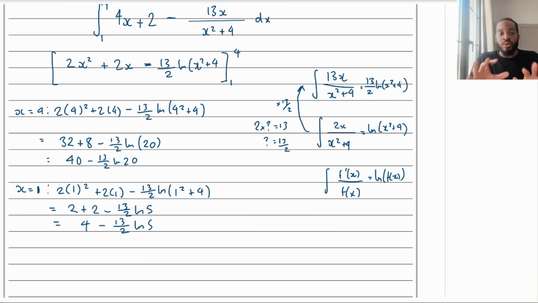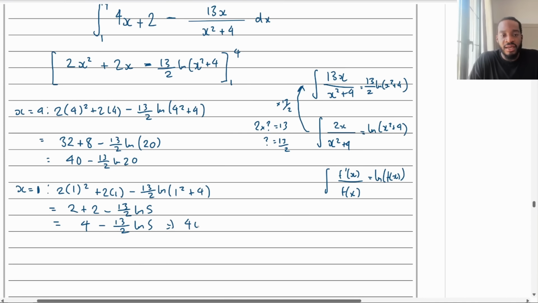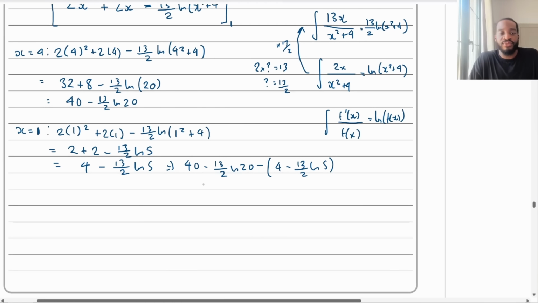Okay? So now we've got the upper limit, we've got the lower limit. We just take these away to figure out what the answer is. So I'll do that here. The upper limit is 40 minus 13 over 2 ln 20 minus the lower limit, which is 4 minus 13 over 2 ln 5. Okay? So then from here, what will that give us?